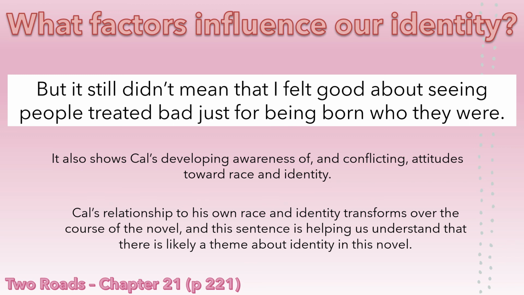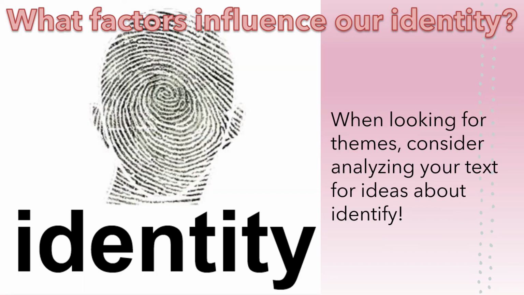And this sentence is helping us to understand that there's likely a theme about identity running through this novel. So as you are continuing to read in class and out of class, when you are thinking about theme, consider analyzing your texts and your sentences for ideas about identity to help you along the way.